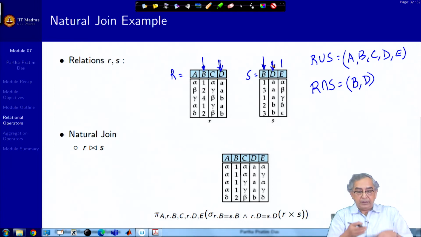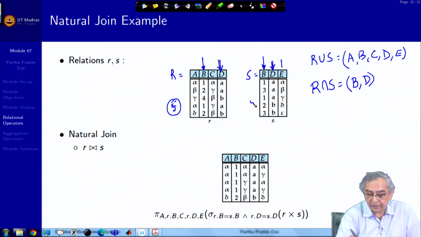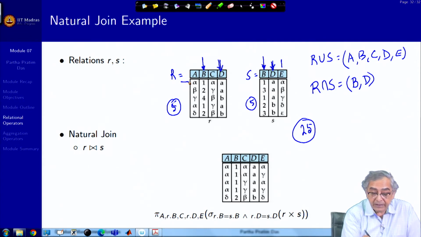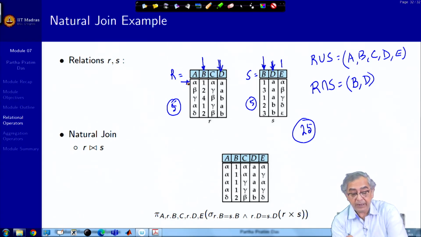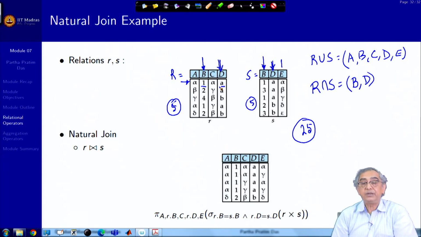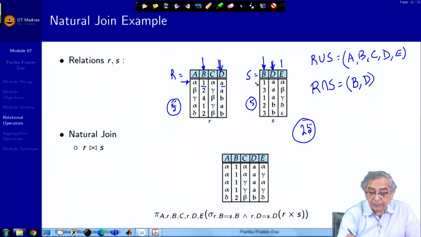So, when I do the join, I have 5 records here, I have 5 records here, I should get 25 in the Cartesian product, but here no. When I pair this tuple with any tuple here, I have to make sure that the B and D values are identical. So, I will be able to pair this with this and with this, but not with these.